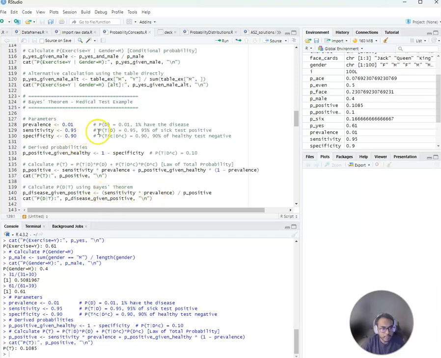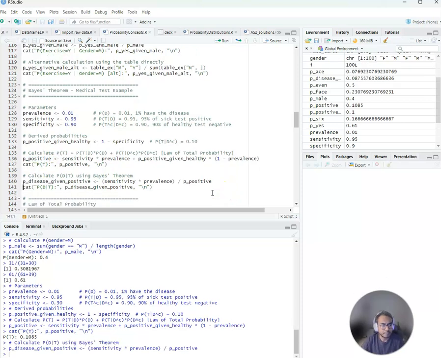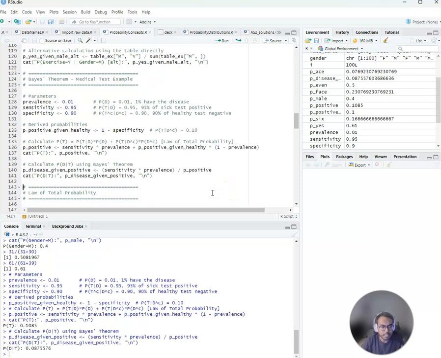Sensitivity is P(T given D) times prevalence, which is P(D), divided by P(positive), which is P(T), and that is 0.087.